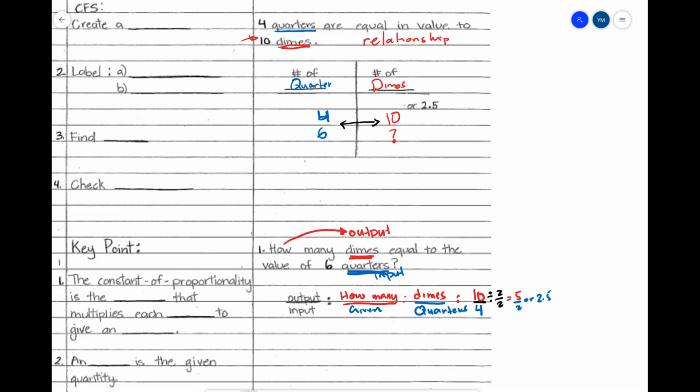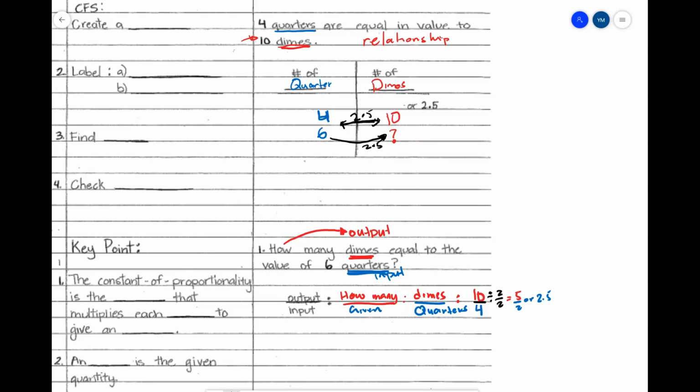So that means that if I have 6 quarters, I would have to take this number and multiply it by 2.5. Every time I have the number of quarters and I want to get dimes, I would have to multiply by 2.5.